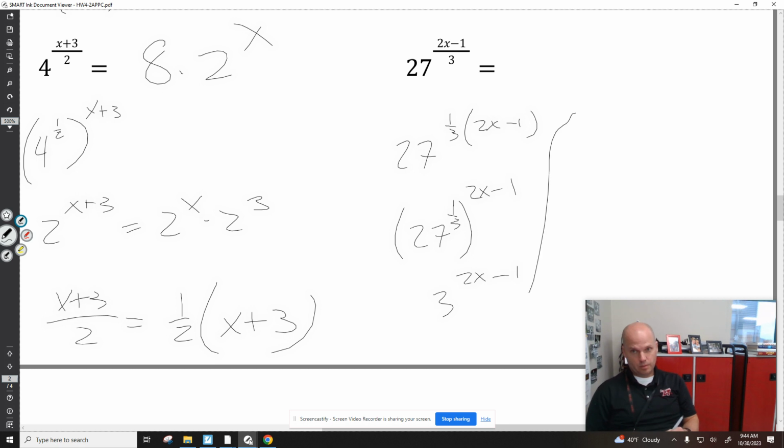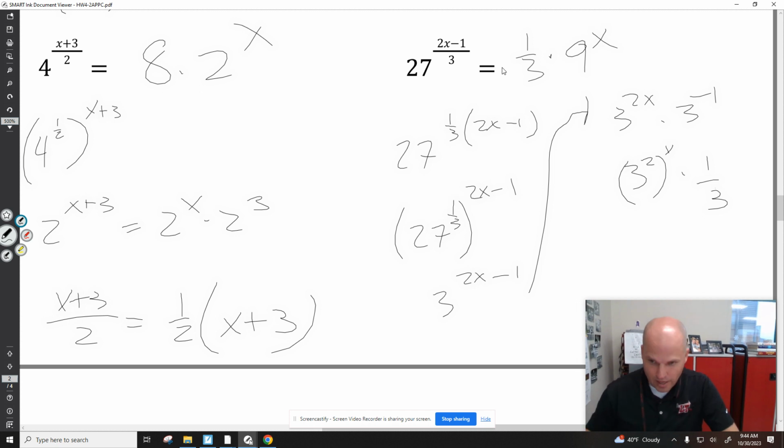Cool. Keep going. That's 3 to the 2x times 3 to the negative first. I'm going backwards with my exponent rules, which is 3 squared to the x times 1/3, which is 1/3 times 9 to the x. That's great.